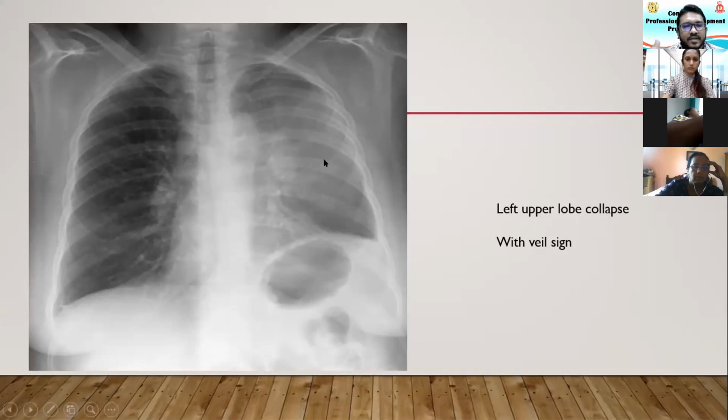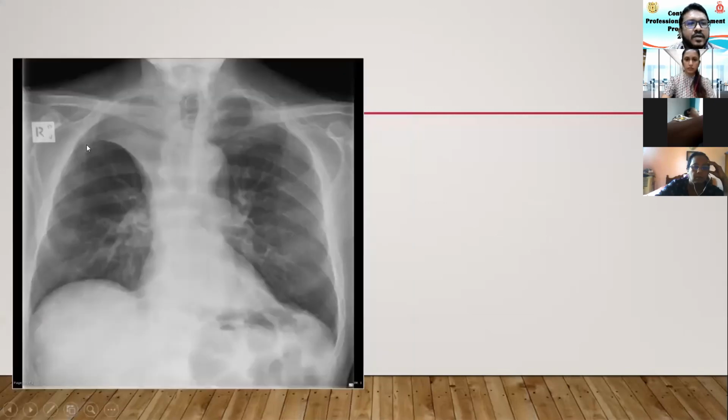It's collapsed, but it's anterior to the oblique fissure, and it's covering the hyperinflated left lower lobe. This veil-like opacity is typically seen in left upper lobe collapse. Okay, now the golden S. Golden S is the same thing as the reverse S, a synonym for the same sign.